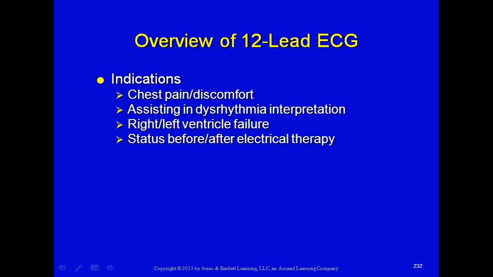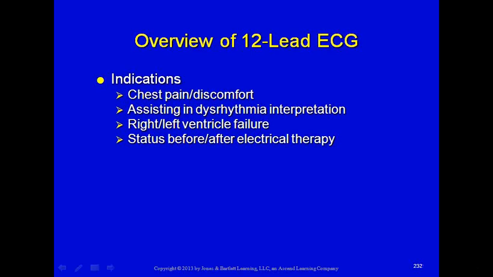Some other indications as to why we would do a 12-lead ECG would include anybody who's got a complaint of chest pain or discomfort, specifically if during your quick assessment you determine it sounds heart-related, and we'll talk about that in the next section. We do 12-lead ECGs to help us identify dysrhythmias.